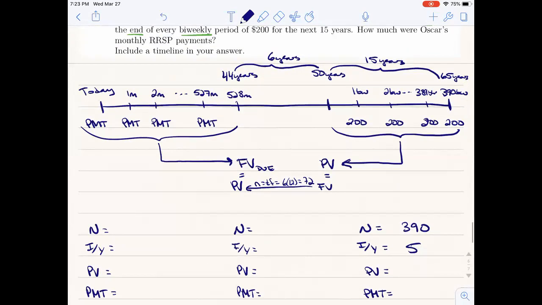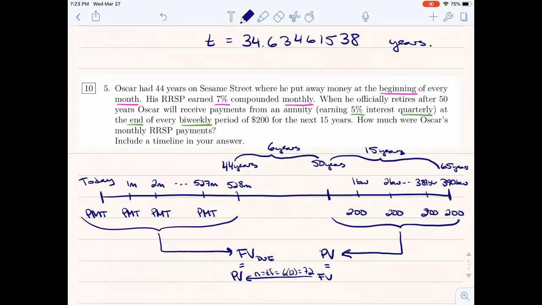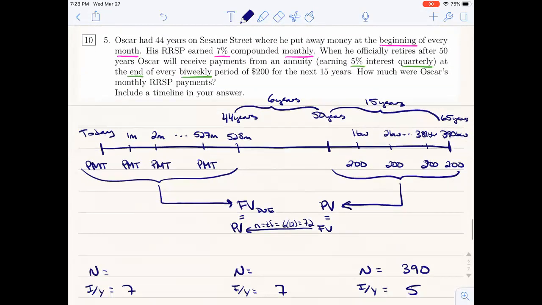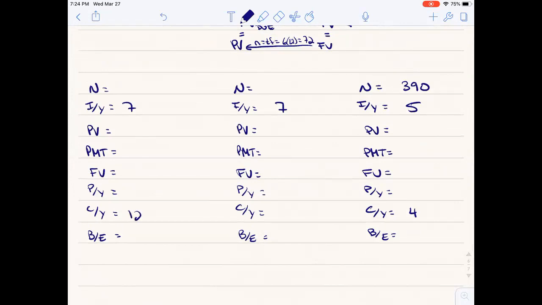And so I don't get confused, I'm going to put 7% compounded monthly for the other two, just so I don't use the wrong one. So I've got 7% here and 7% here compounded monthly, so 12 and 12. Just slotting all this information where it's supposed to go in the calculator.